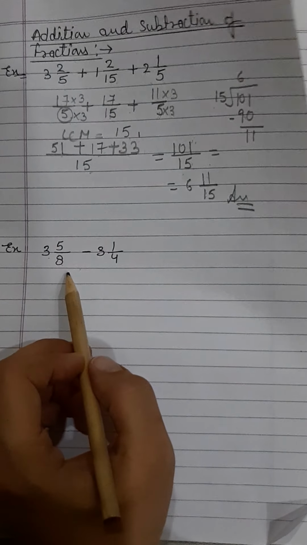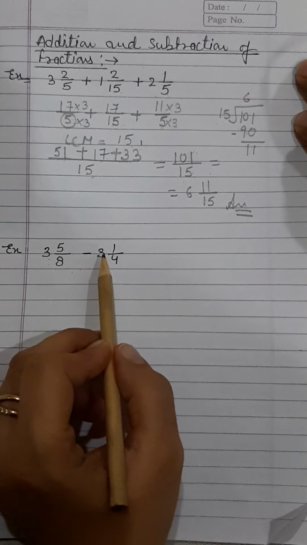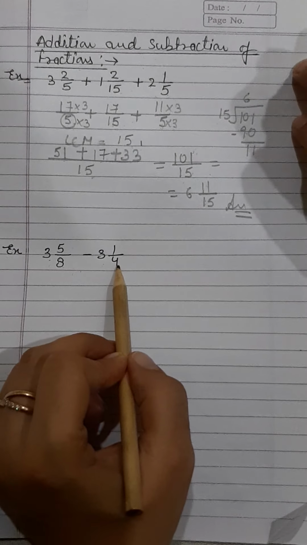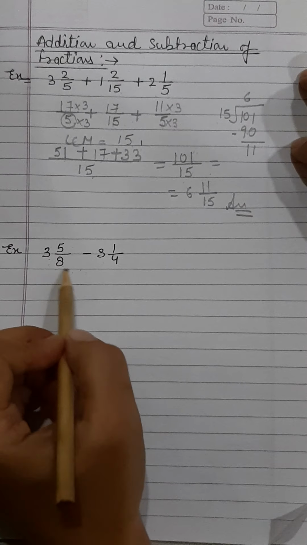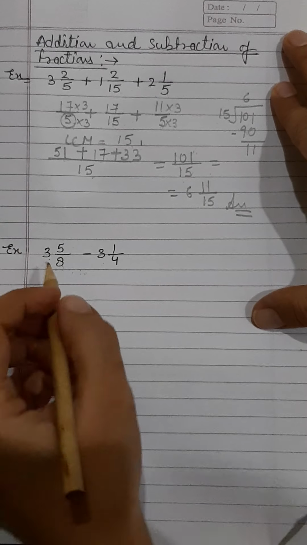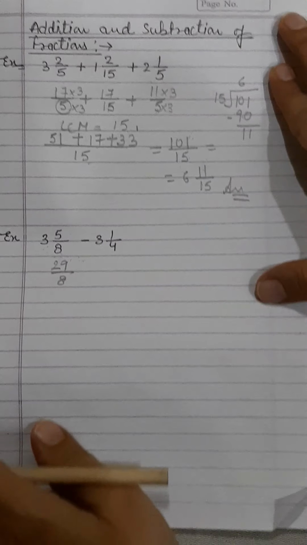Now this numerical. If you have to subtract 3 whole 5 by 8 minus 3 whole 1 by 4, in that case first convert into improper fractions. 8 3s are 24, 24 plus 5, 29 by 8. Right?